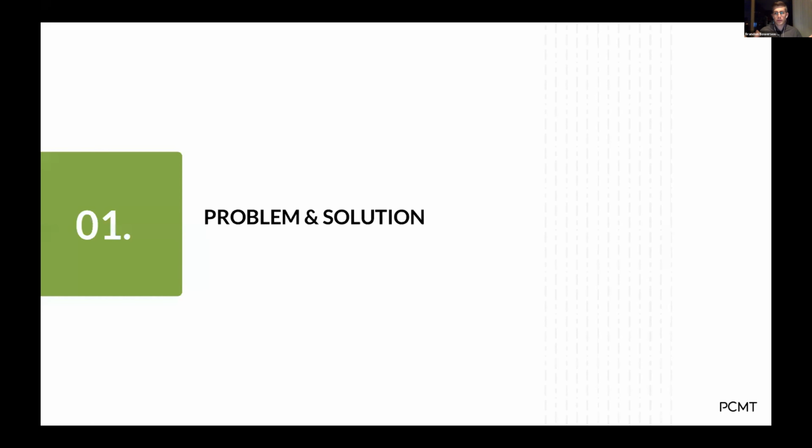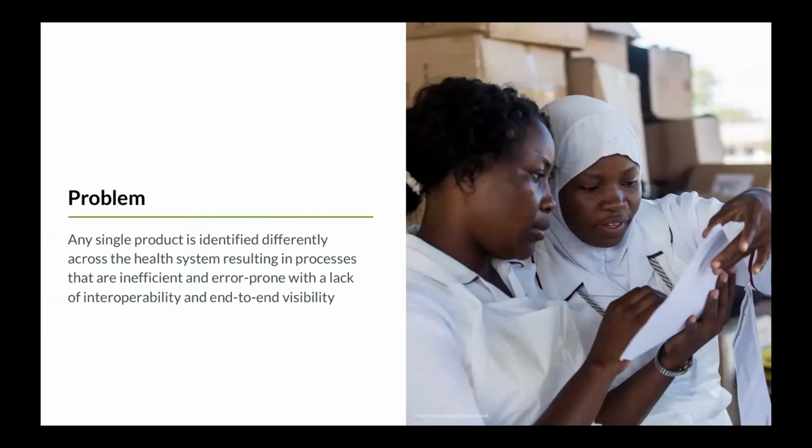So what's the problem? Well, many of you who work in global health or see health systems around the world probably know this problem: that a product, even one single product or medicine, it could be a vaccine, could be a malaria pill, is identified differently across the whole health system.